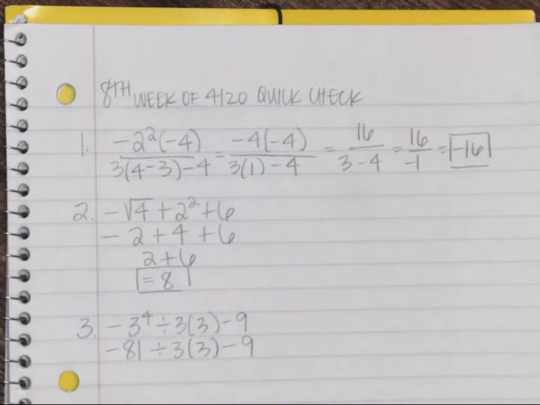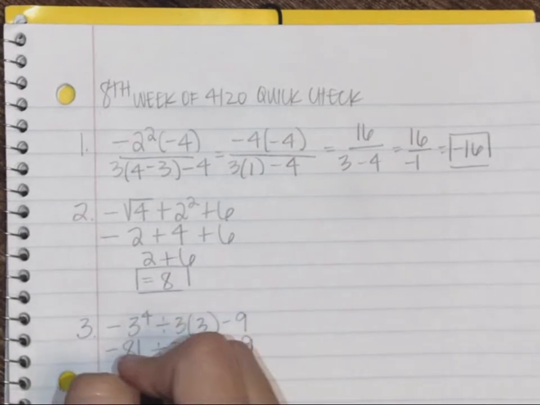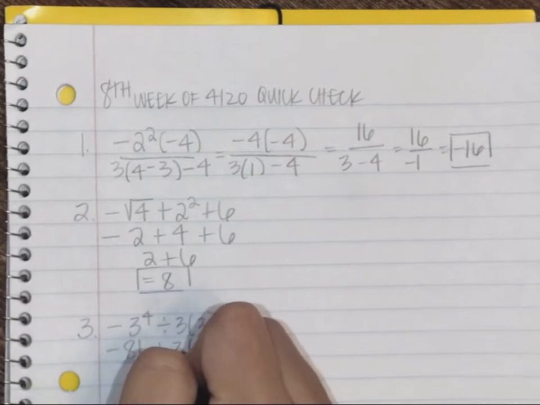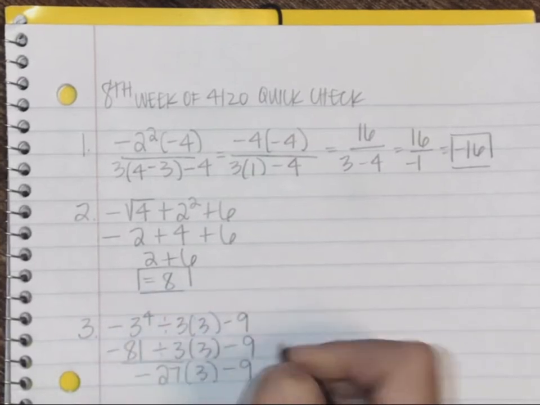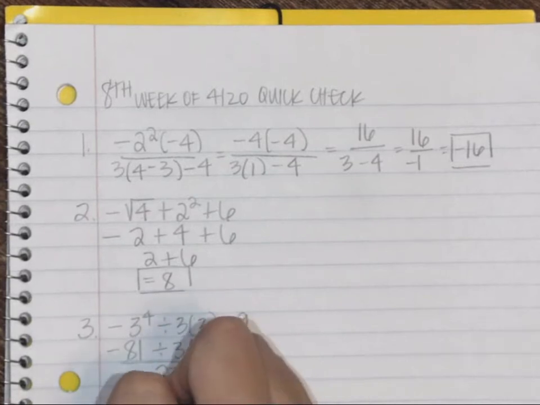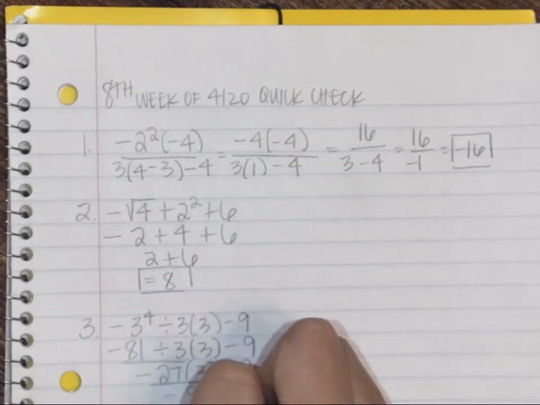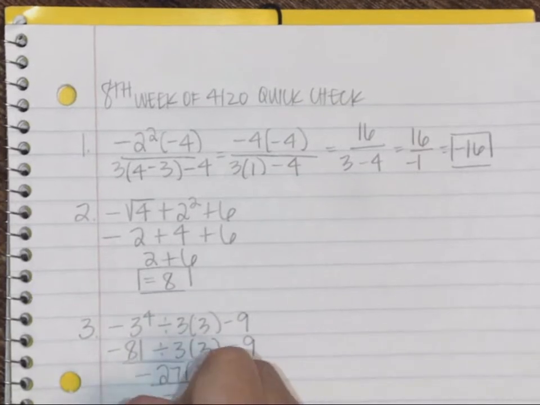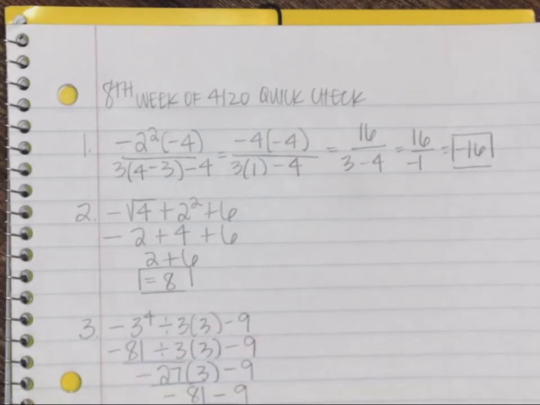So we're going to do our division first, which would be negative 81 divided by 3, which is a negative 27 times 3 minus 9. And then we're going to do that multiplication. And we get a negative 81 minus 9. And that would give us a negative 90 once we do that subtraction.